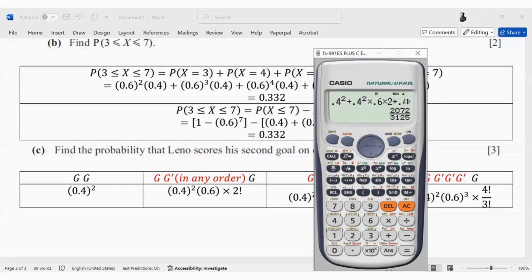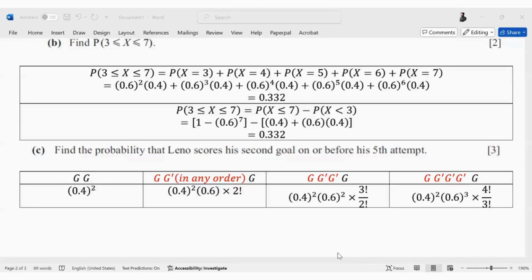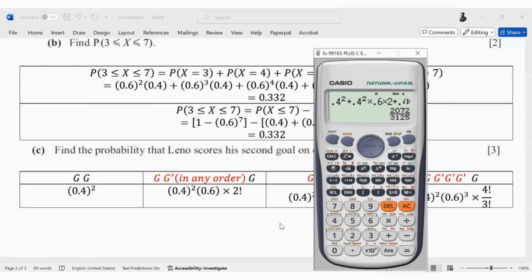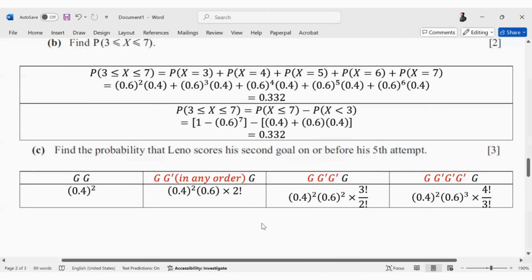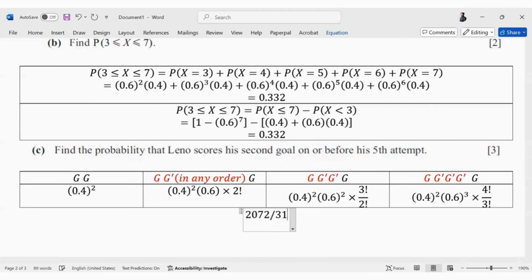So I should end up getting 2072 upon 3125. And leave the answer in fractions: 2072 upon 3125.